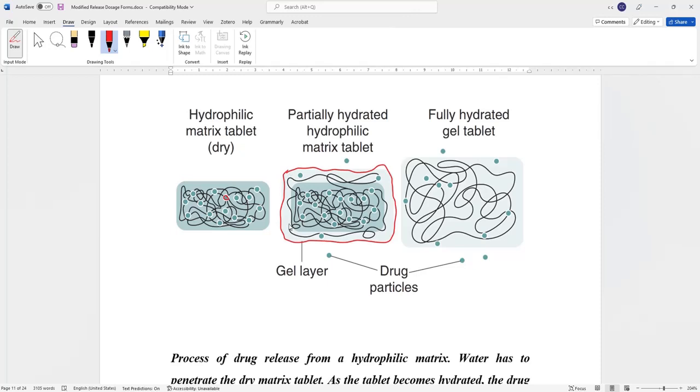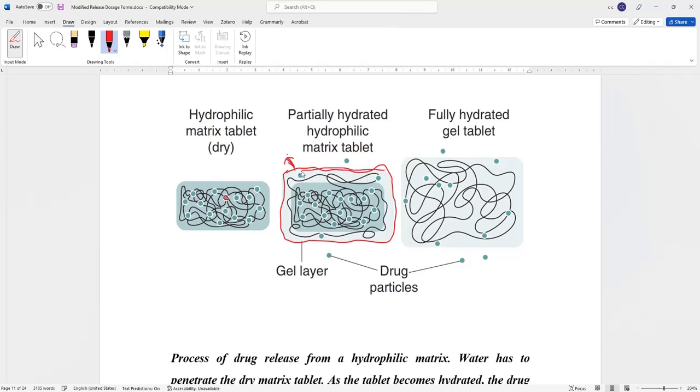Of course, if the surface is eroding, it will detach from the dosage form and disperse into body fluid or GIT fluid. So the particles at the surface erode and dissolve directly from the surface. But what happens to the particles inside?